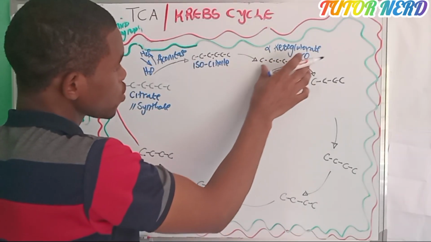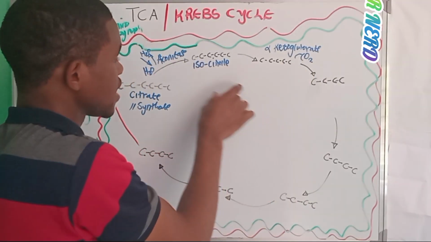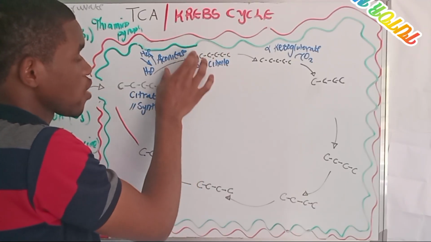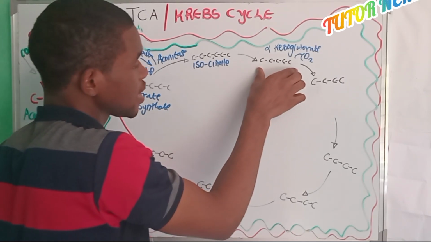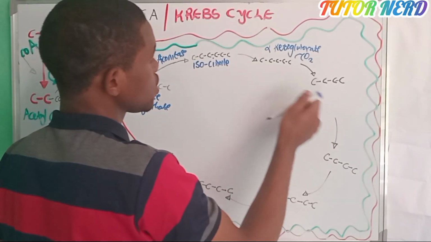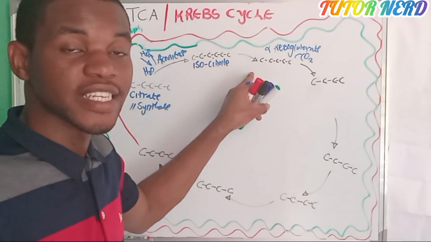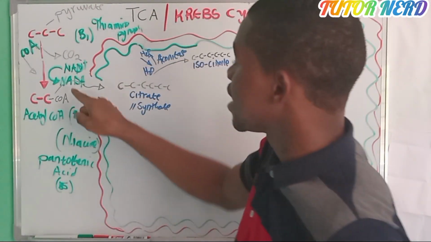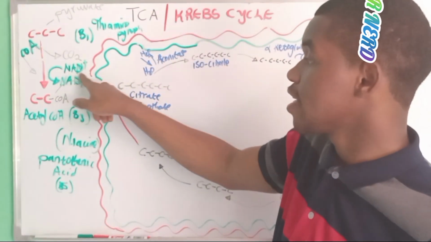Now the enzyme used here, because we are removing carbon dioxide from isocitrate, is different from aconitase. The enzyme here we're going to call isocitrate dehydrogenase. The moment you hear dehydrogenase, just know that we are also producing NADH from NAD plus.